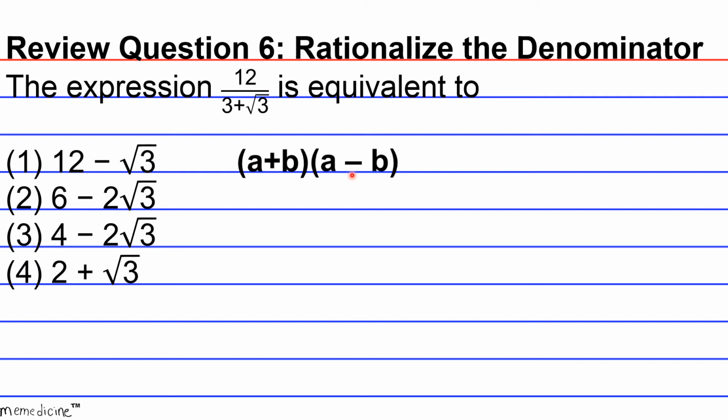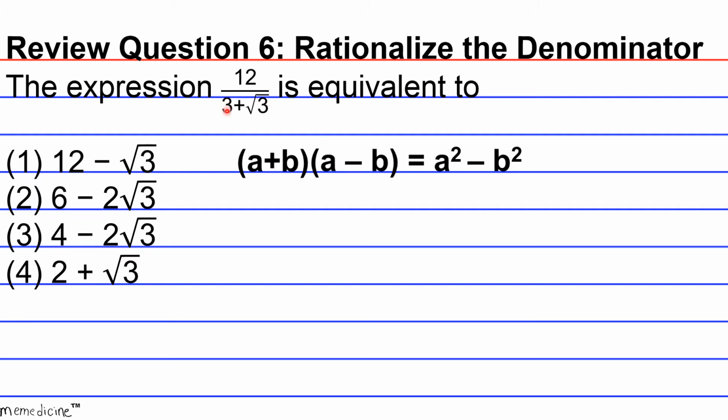And the nice thing about conjugates is that multiplying them results in a difference of squares. This is useful for rationalizing radical expressions because the index of a radical root is going to be 2, so squaring it will literally undo the radical and give the radicand underneath the radical as the final result.